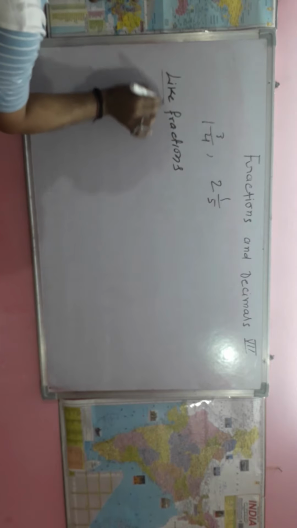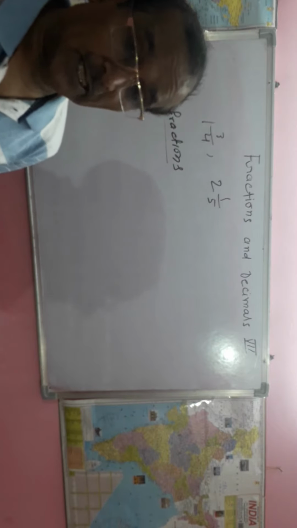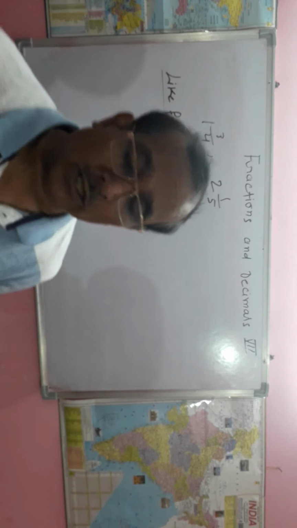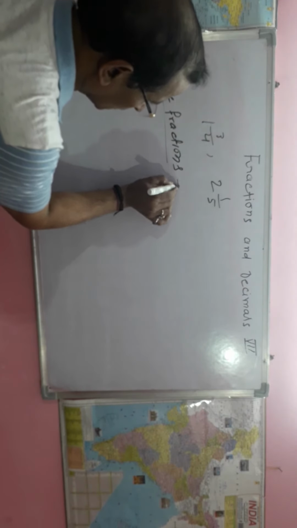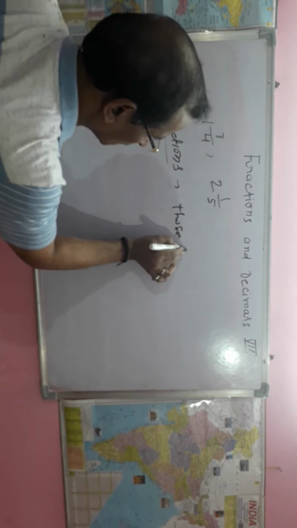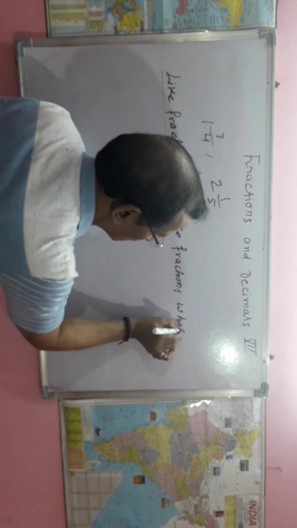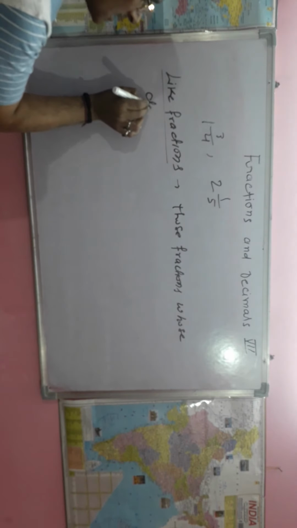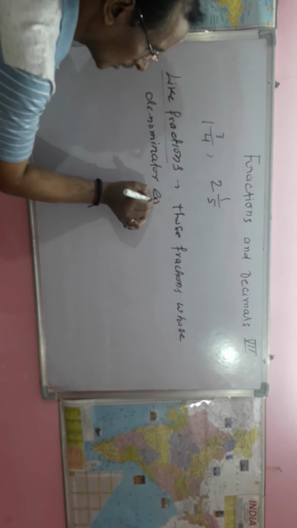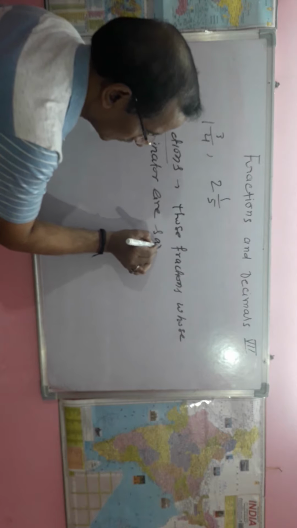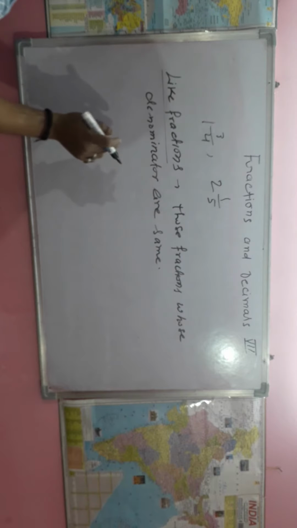Those fractions whose denominators are the same are called like fractions. The fractions with the same denominator are called like fractions.